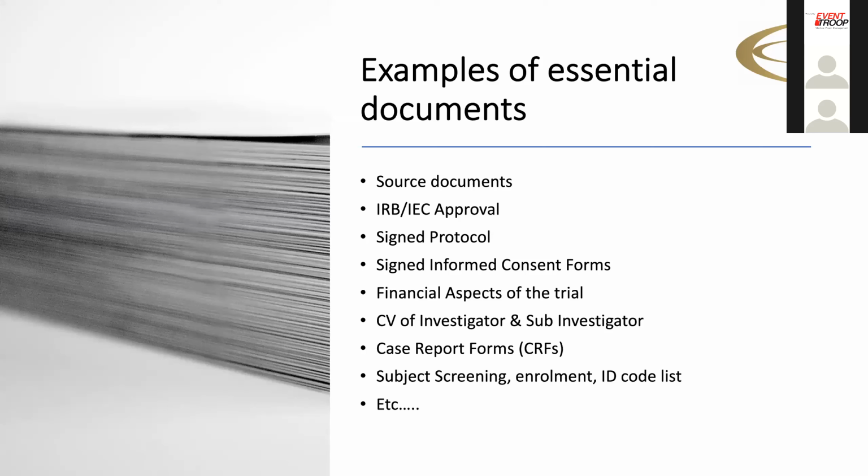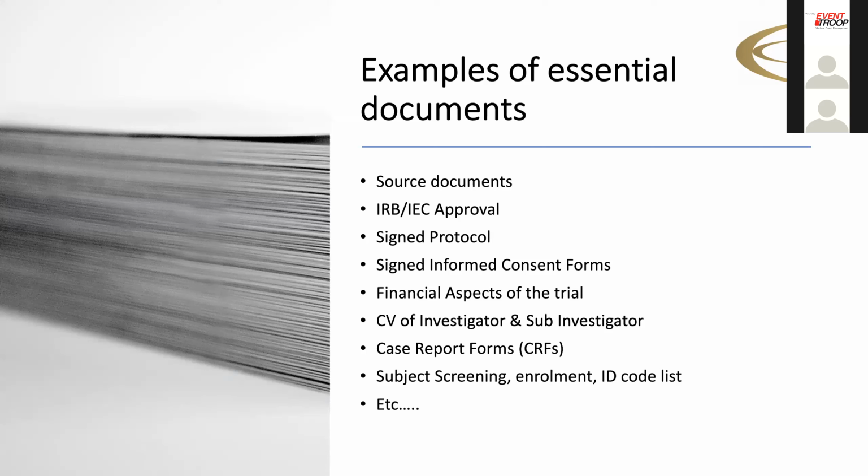So all of these forms, as the study is progressing, you are collecting. So in the beginning of the trial, you will have some documents. Now, as the trial progresses, you will start adding these documents. For example, if there's a protocol amendment, then that amended protocol will be part of your file. And obviously, before that protocol amendment is implemented, you need IRB approval.